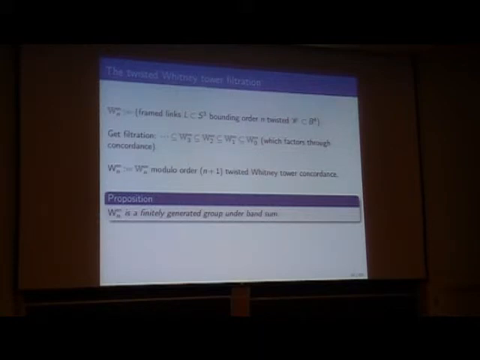And so if you have two different links and you connect them by bands, separately they bound Whitney towers that represent certain group elements. Well, for the band sum, you just snip the bands and you get the sum of the Whitney towers bounded by the band sum. So it forms a group, and it's bounded from above by the tree groups, which are finitely generated.